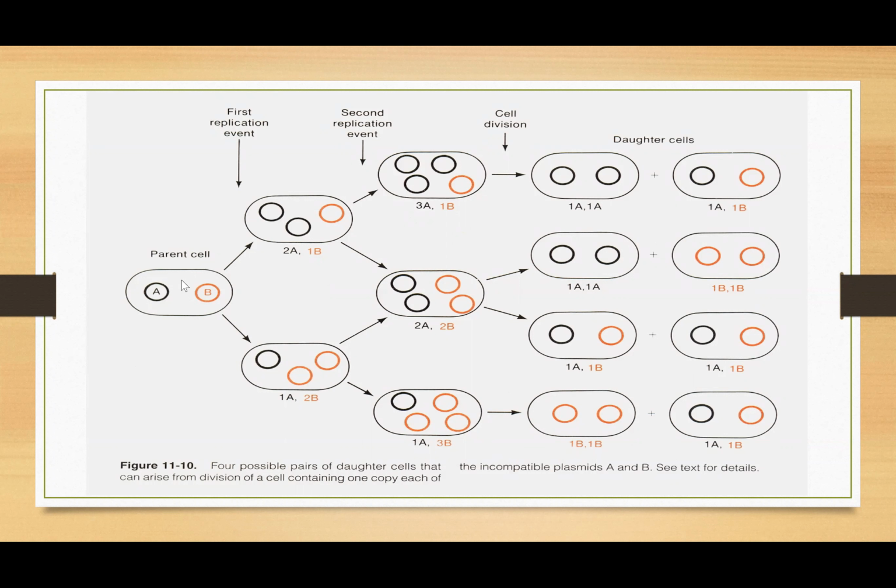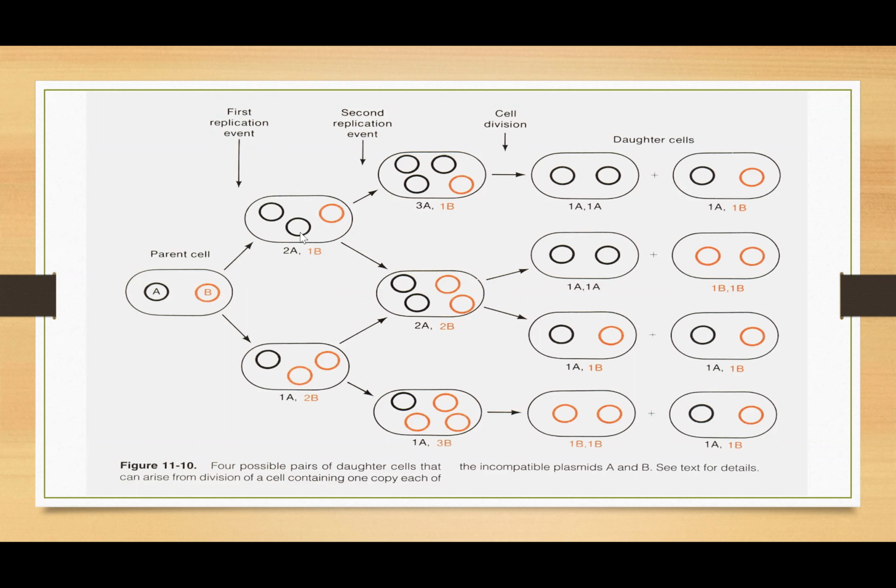So before the cell splits into two, these two plasmids need to become four. Okay, so for that process, what is happening? First, three plasmids are generated from 2 to 3. So either you will have two A's generated or two B's generated.